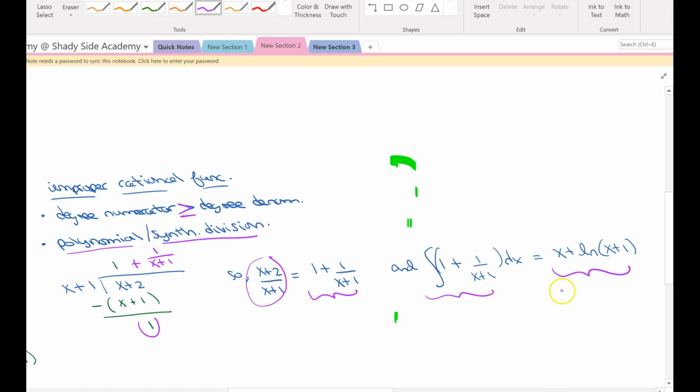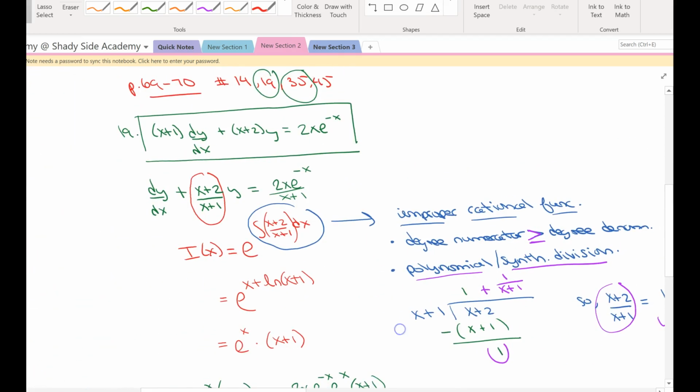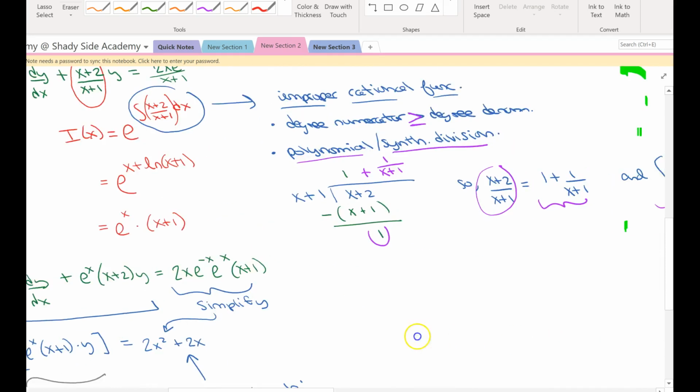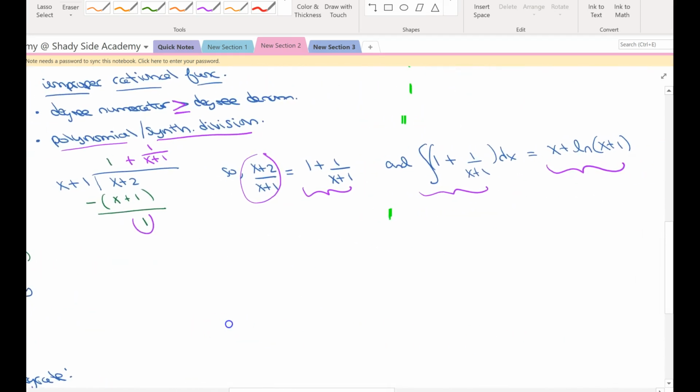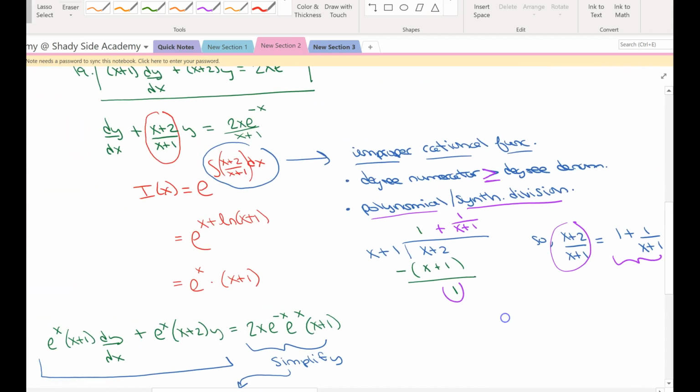Okay, and then what I'm going to do is multiply the DiffyQ by e to the x plus the natural log of x plus 1. I first have to remember this is, I beg your pardon, e to the x plus the natural log of x plus 1, okay?